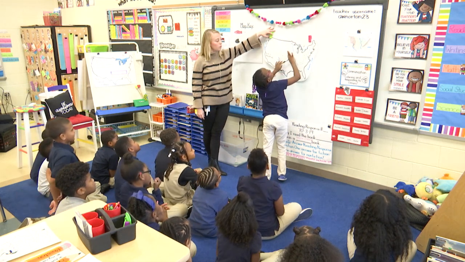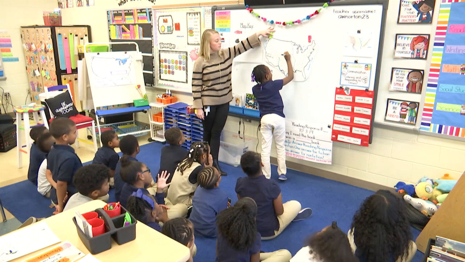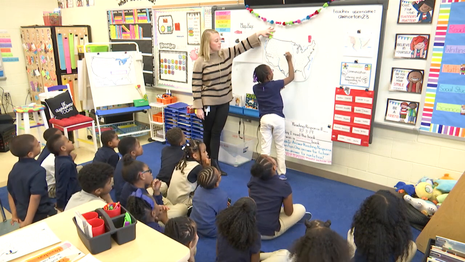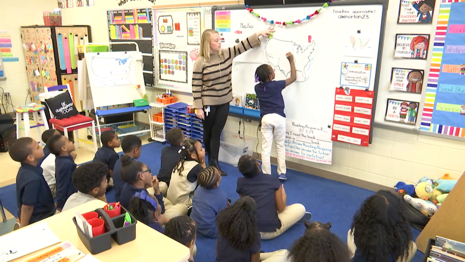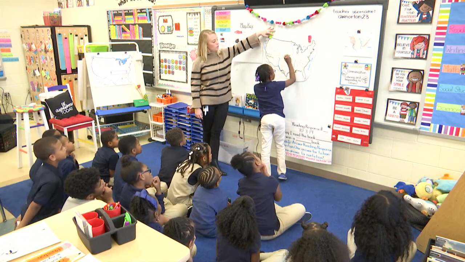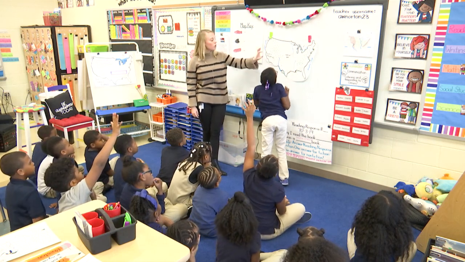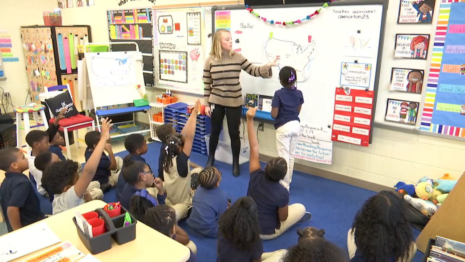M-I-S-S-I-S-S-I-P-P-I. You can just write Mississippi River. Good. All right. So far we've got the Rocky Mountains labeled, our Rio Grande, and our Mississippi River.